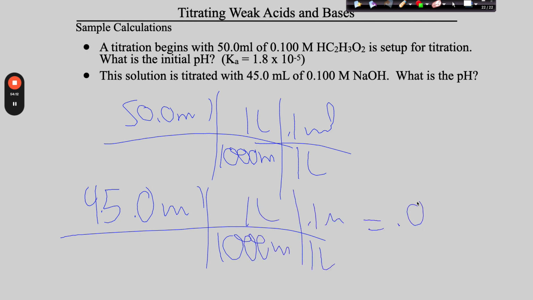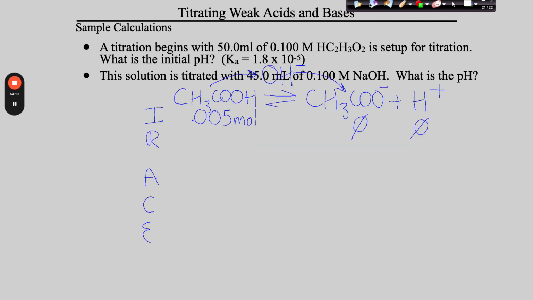So it's 0.0045 moles. So we're going to go 0.0045, 0.0045. And then what about hydrogen ion? Nope. Nothing. Now, which one is plus and which one is minus? Do it in your I-race box.